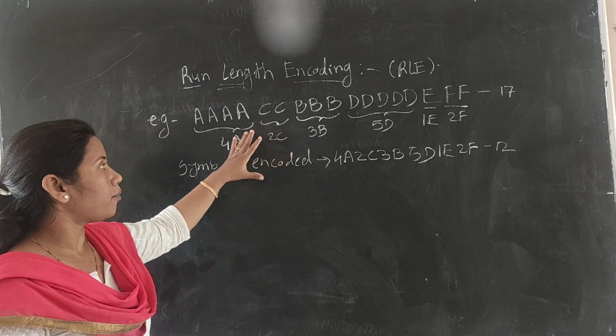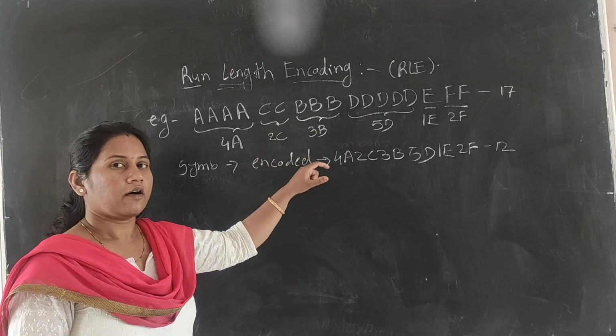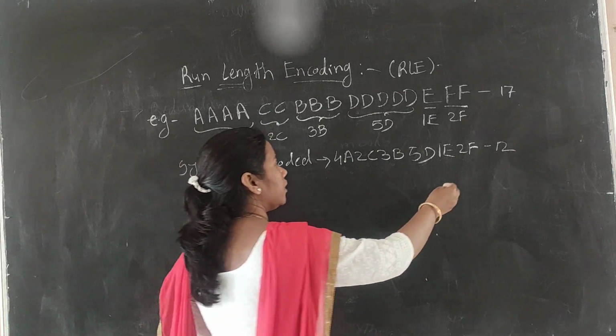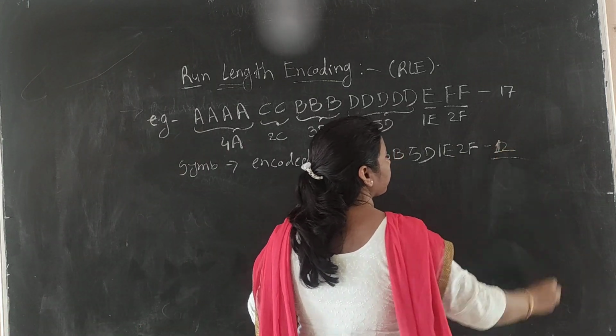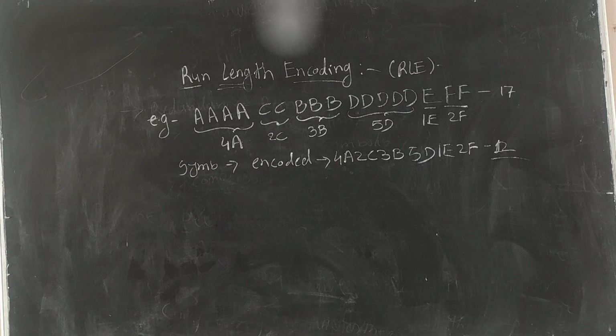That's why this is called compression. In this way, a string of 17 symbols has been compressed into a string of only 12 symbols.